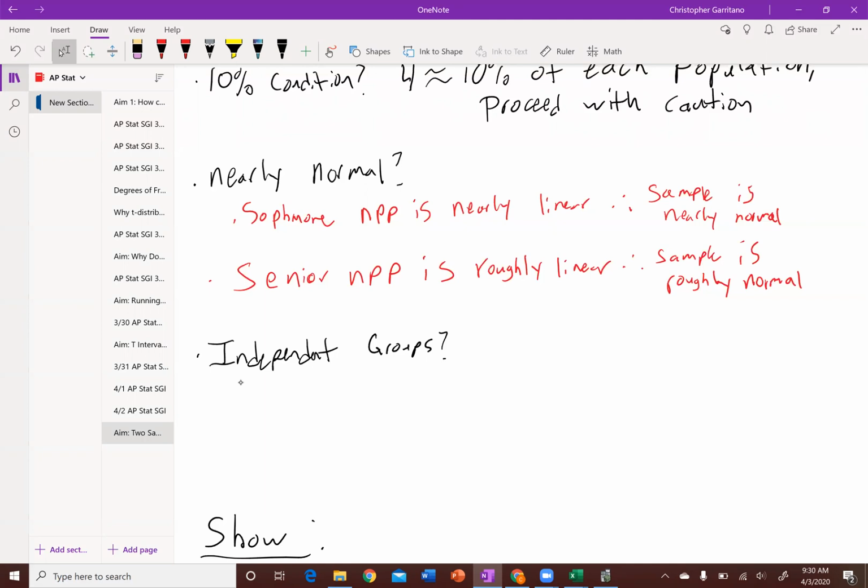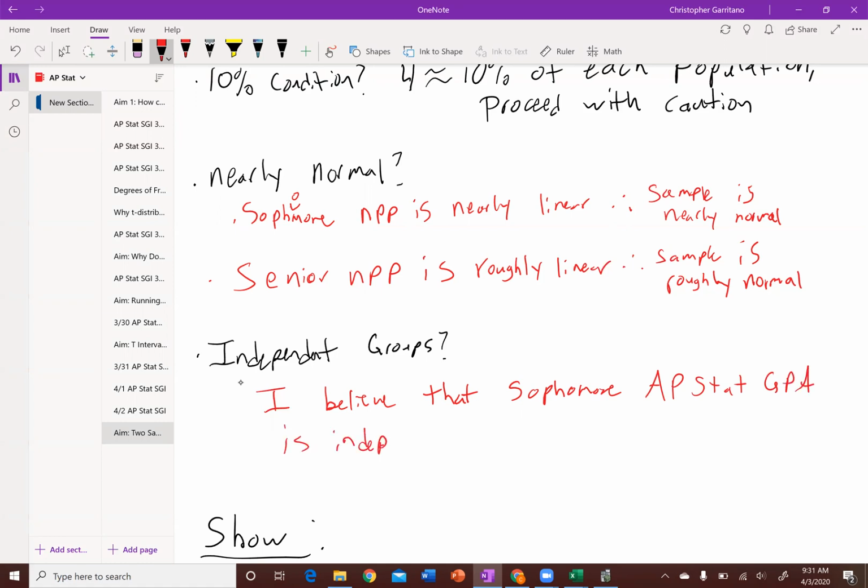So I believe that sophomore AP Stat GPA is independent of senior AP Stat GPA.